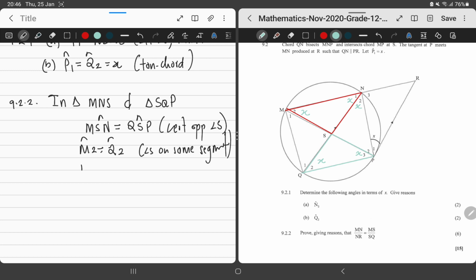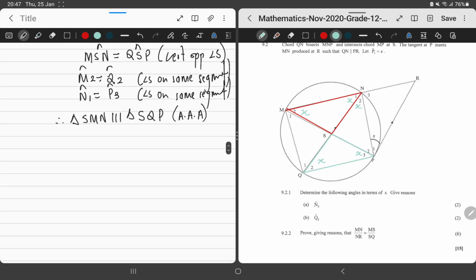And then N1 is equal to P3, angles on the same segment. So this means that triangle SMN is similar to triangle SQP, angle, angle, angle.